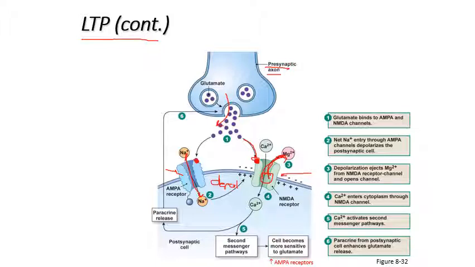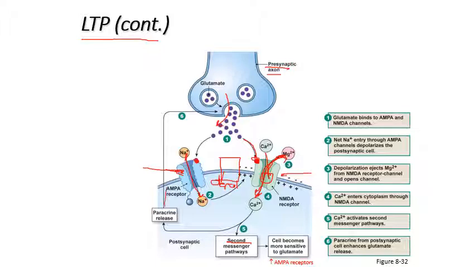But once that takes place, calcium can rush in. Okay, calcium is going to activate second messenger pathways, and what that's going to cause is for more of these receptors to be inserted into the membrane.